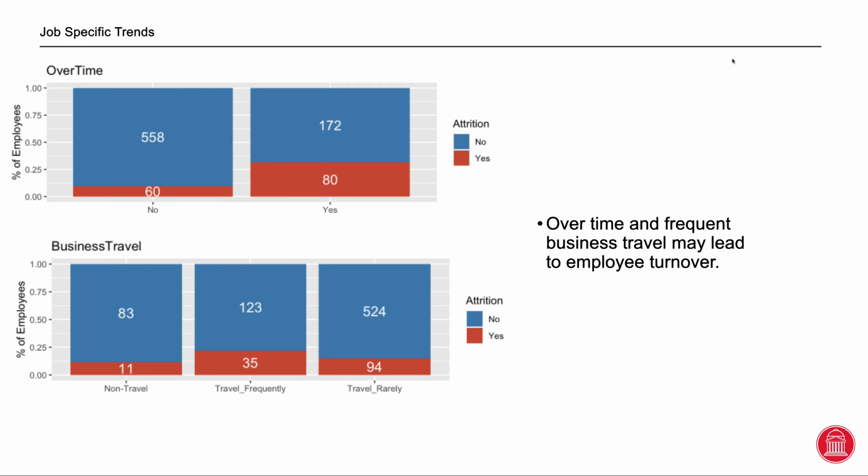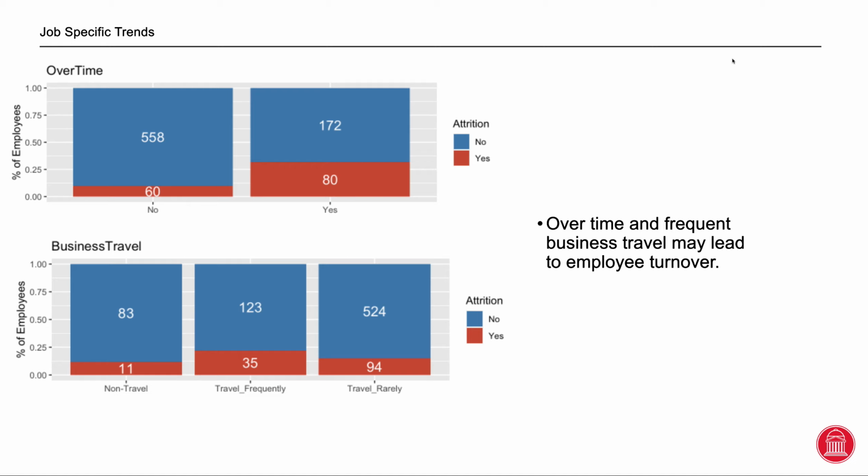If we look at more specific job aspects, such as overtime and business travel, we can see that getting overworked or working overtime or long hours is going to lead to higher attrition as well, or at least that's the association we're seeing in the top plot there.